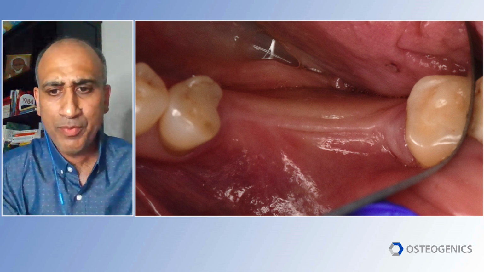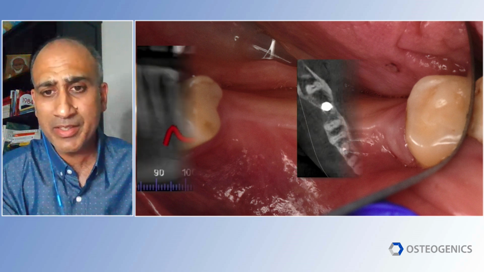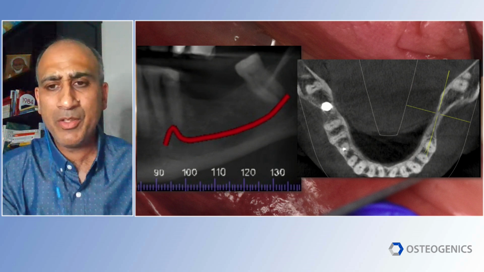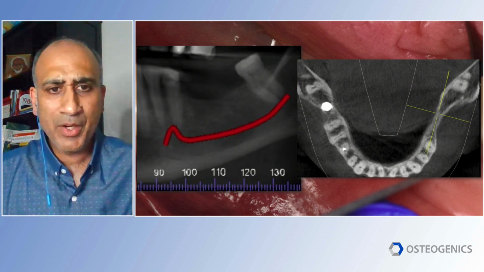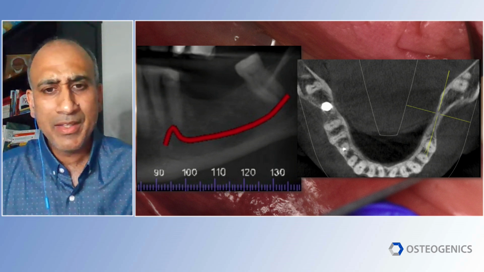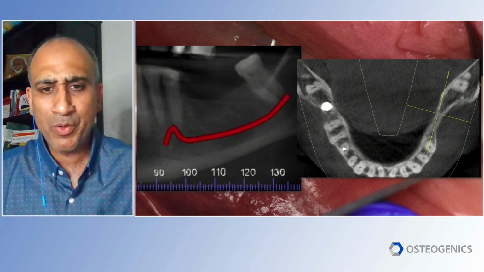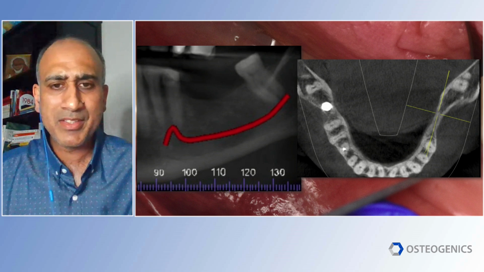If we look at the cone beam CT scan, first clinically, just appreciate that this ridge has some significant resorption. And on the CBCT, if you look on the right side, you can see that obvious area of buccal ridge concavity. There is also perhaps a mild vertical deficiency as well, but not enough that we'd really care to augment this vertically.